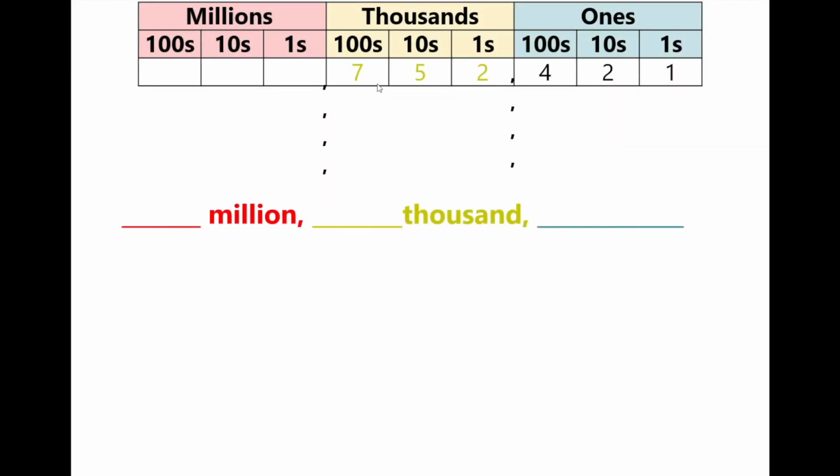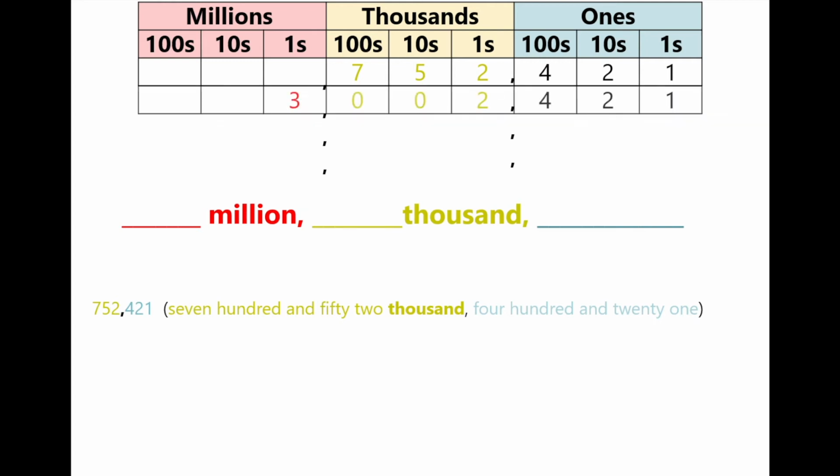Let's practice some more. Can you read this number out loud? Name it out loud, please. That's right, we named 1,000 parts first. There are no millions. 752,421. Don't forget to use the 3 parts to name that number if you need them. This number, can you name it out loud? Read it out, please.